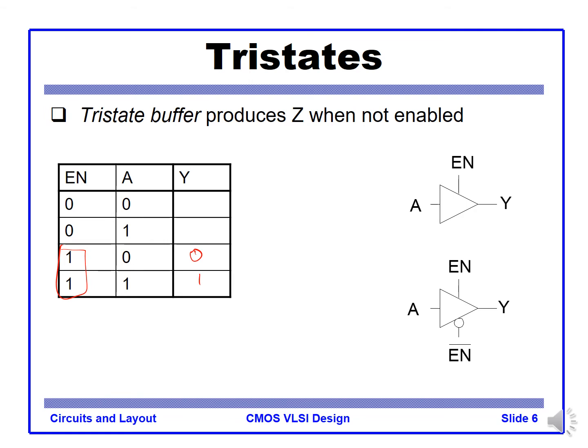But if the enable is 0, the output becomes high impedance, meaning floating. Floating is a state of not being driven electrically, so the voltage is not well defined by itself. Only an external driver will drive that node.